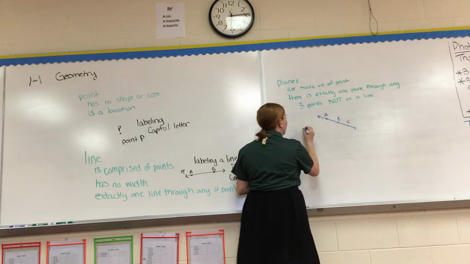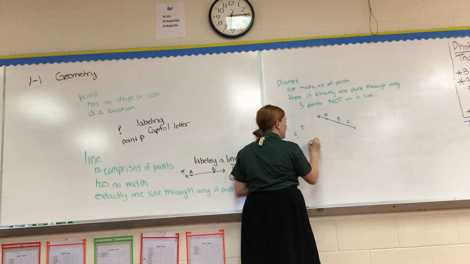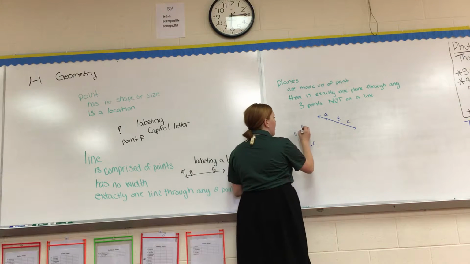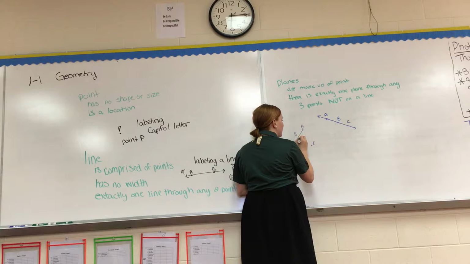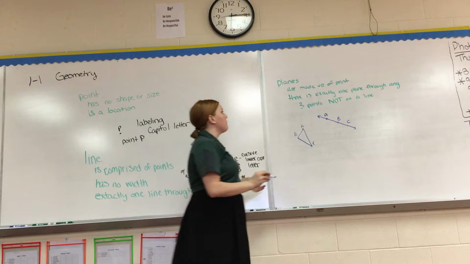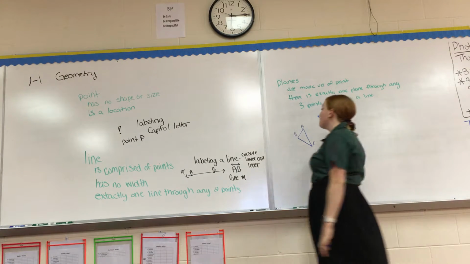Now, if I have an A here, a B here, and a C down here, there's no way I can make a straight line with that. So I'm going to connect them, and voila, we have a plane. So there's exactly one plane through any 3 points.